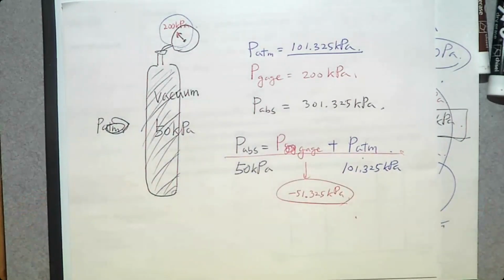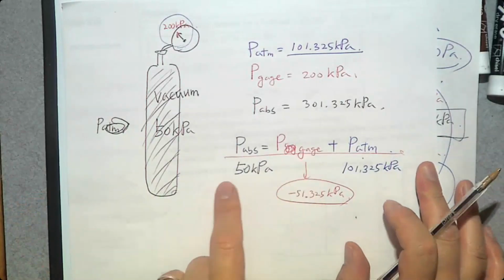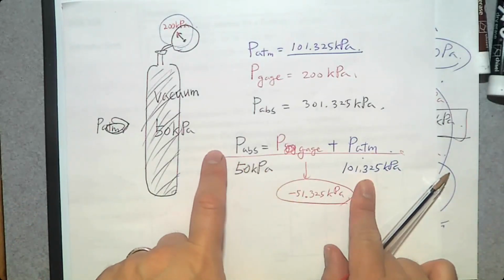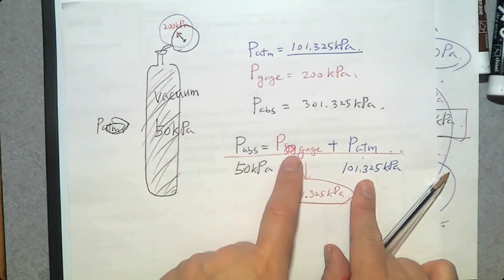Can pressure become negative? No. You cannot have a negative pressure. So this is incorrect. We have to use another equation only for the vacuum. Gauge pressure means the difference between these two. So how can we change this equation to have a positive gauge pressure?